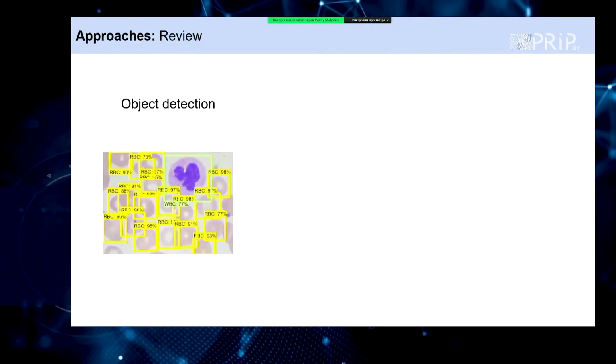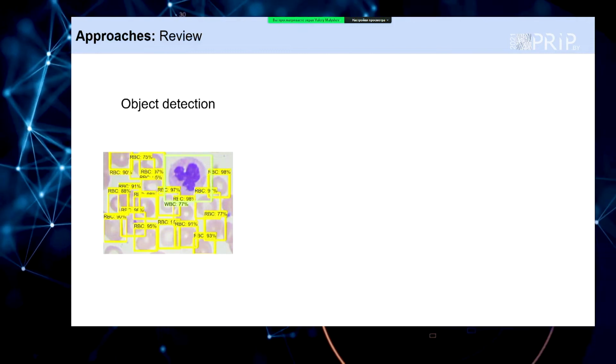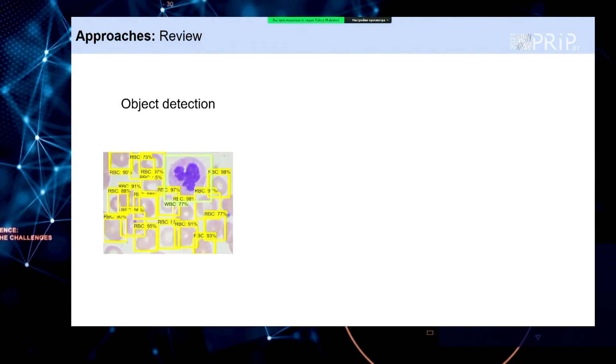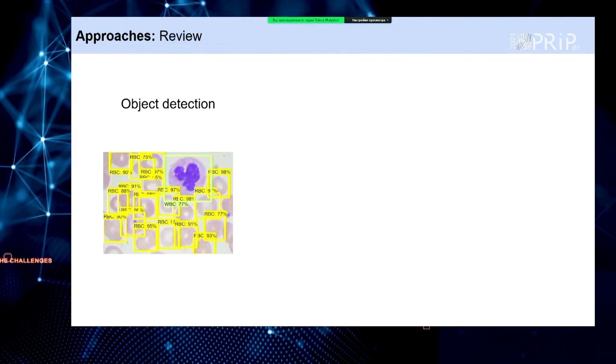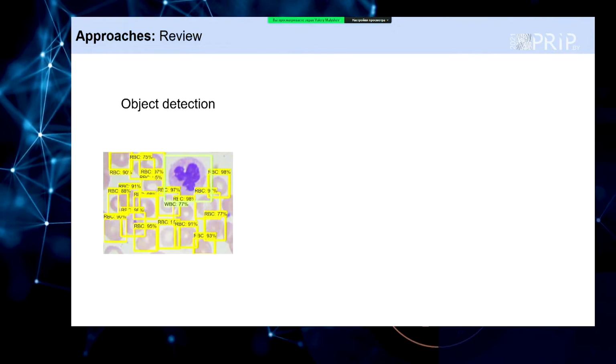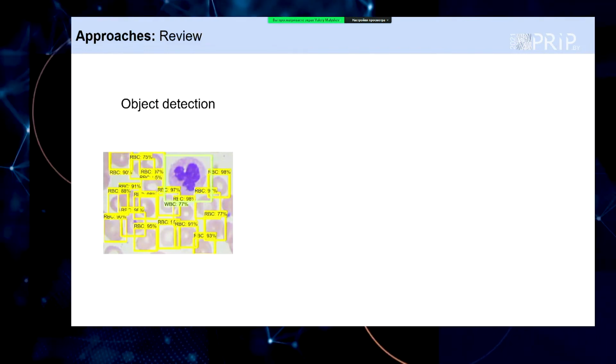So a small review. We have classical object detection, which works with object proposals. It includes neural networks such as Mask R-CNN, R-CNN, single shot detectors, and so on.